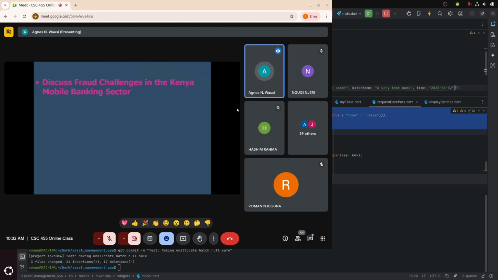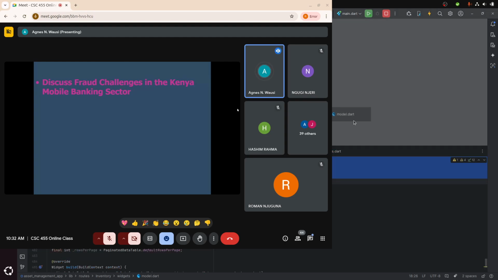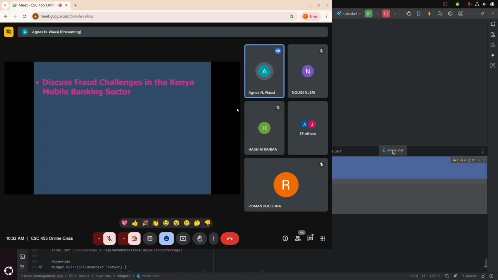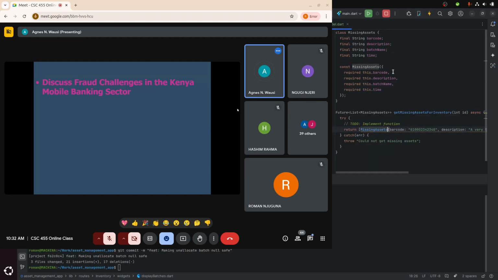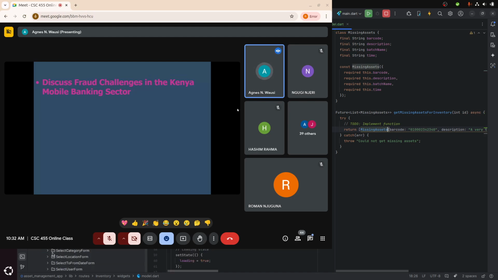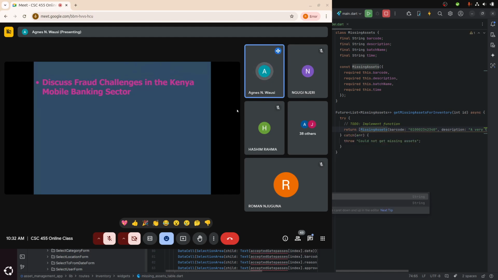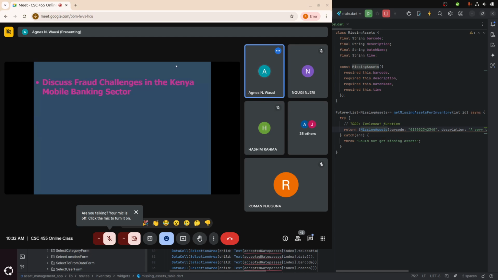So of course there are many ways of trying to offer solutions: being able to track the gadgets, the IMEI number, being able to see whether it is the usual device that the person uses, and having an audit trail of the activities that are happening.